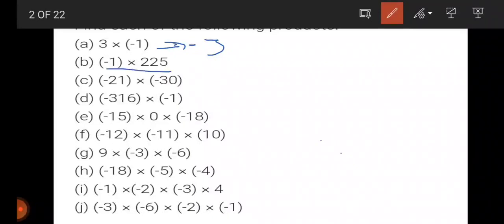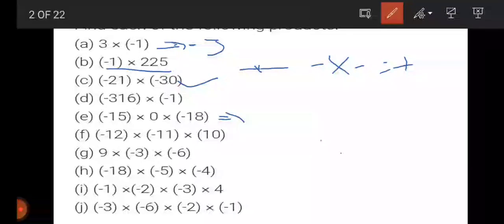So next is the same. Here you multiply 21 and 30, and minus times minus gives plus. So here use all the properties of multiplication and you get the answer very easily. Here is minus 15 and it's a 0. If we multiply any digit by 0, the answer is always 0.